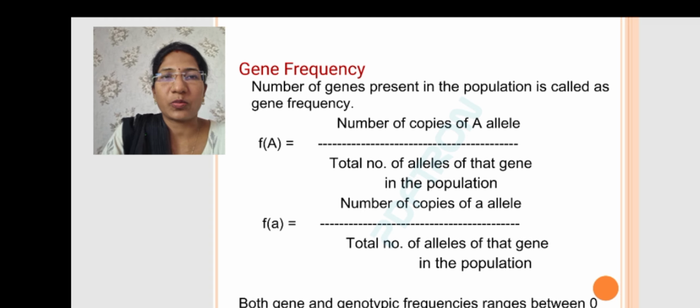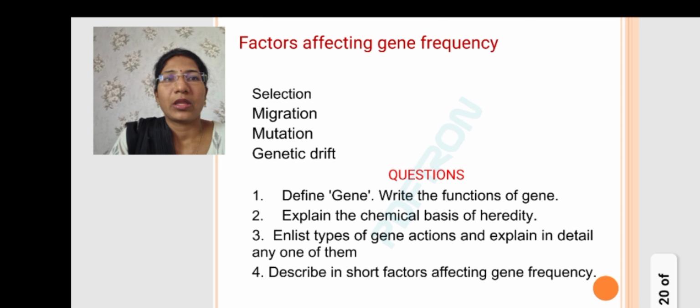Similarly for small a, the number of copies of the allele divided by the total number of alleles of that gene in the population. In both cases, gene and genotypic frequency, the value should range between 0 and 1.